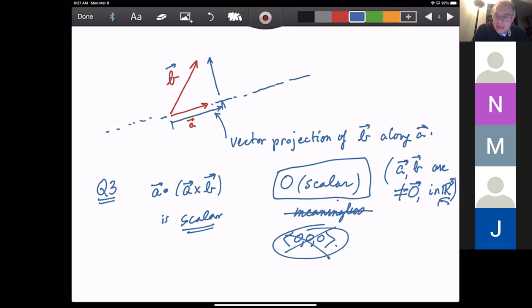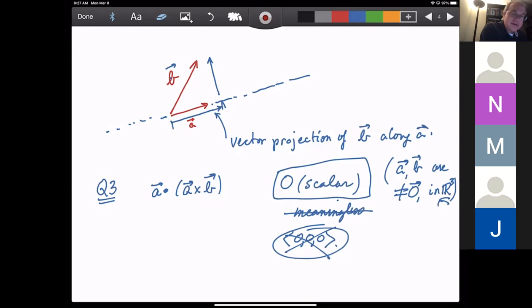Okay, someone in the chat came through. So because A cross B is orthogonal to A. So notice here we've got the cross product of the vectors A and B. The cross product of 2 vectors gives you another vector which is orthogonal to, or perpendicular to, both of your input vectors.